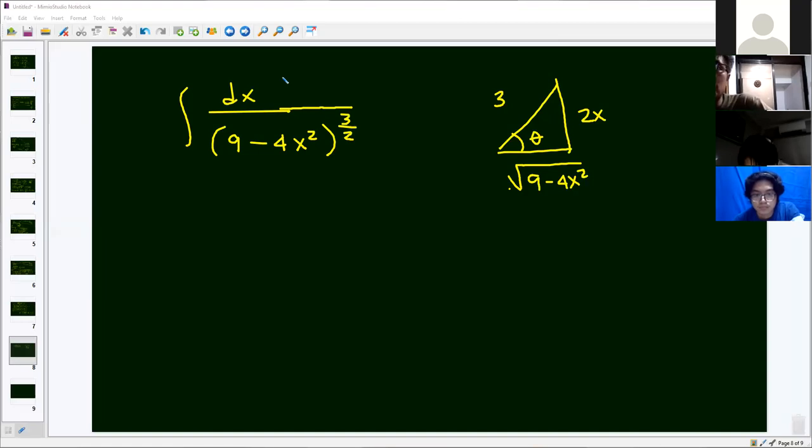So you have, Angeline, you arrive at a secant theta d theta as an integral. Parang may kulang. Hindi ko na pinansin yung multiplier mo, pero baka may mali lang sa constants.